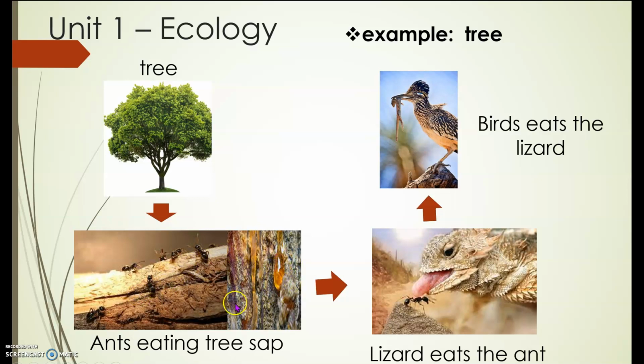The tree sap is the sticky liquid from the tree. So the ants are eating that. Next, this lizard may also live in the tree, sees this ant and eats it. Lizard eats the ant. Then this bird, who may also live in this tree, may have her nest and lay eggs here, sees this lizard and eats the lizard. So we can see that these animals are linked together in the same environment. So that is an ecosystem.